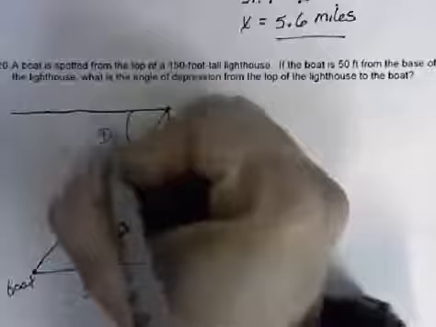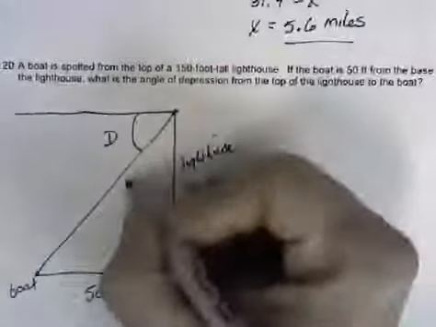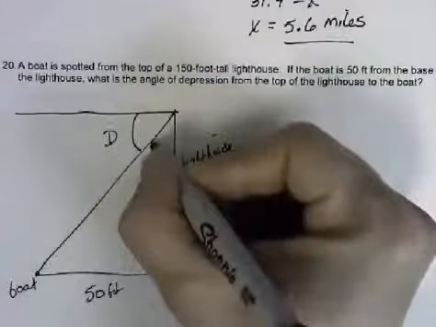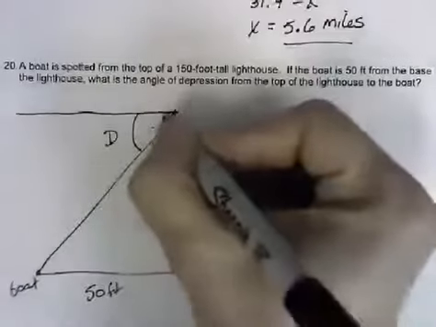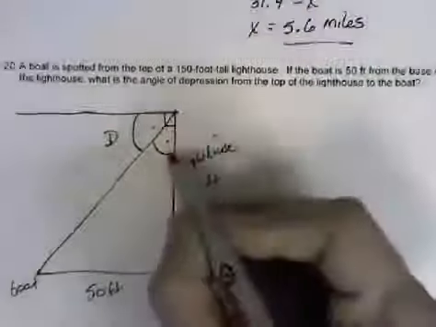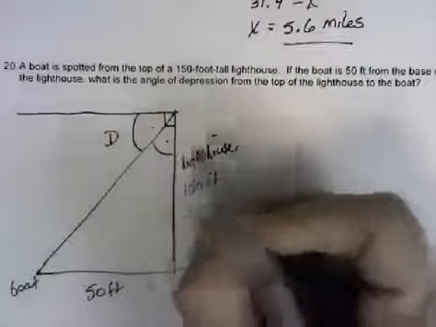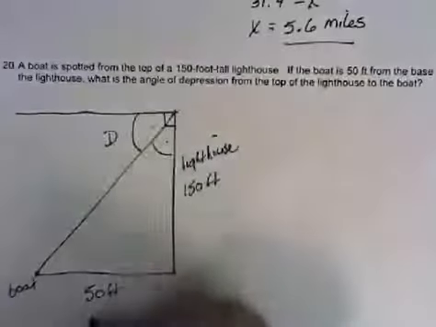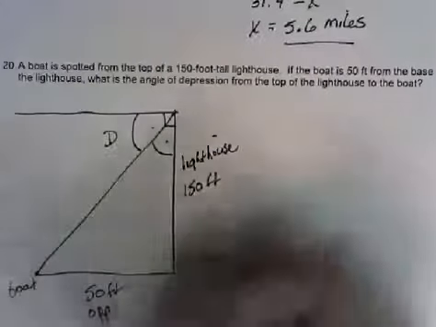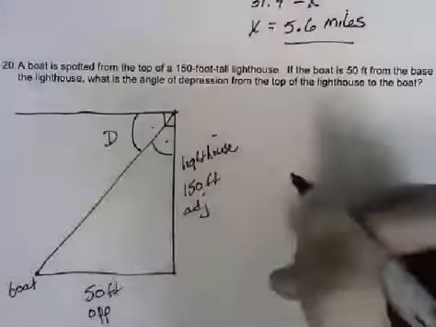So I'm going to call this D for my angle of depression. So to find that one, I could find this angle. These two would be complementary since this right here would be a right angle. If I want to find this angle, then looking at my side lengths, I have this over here would be the opposite side. This would be the adjacent side.